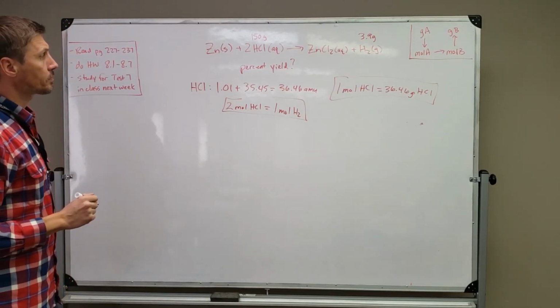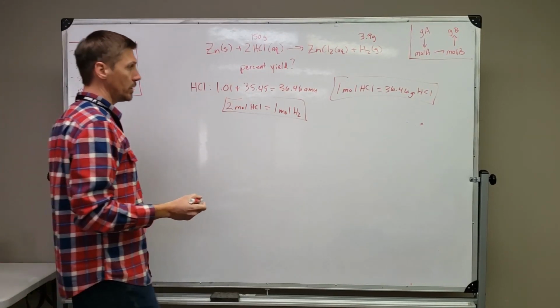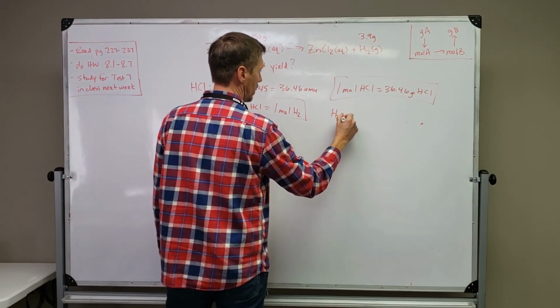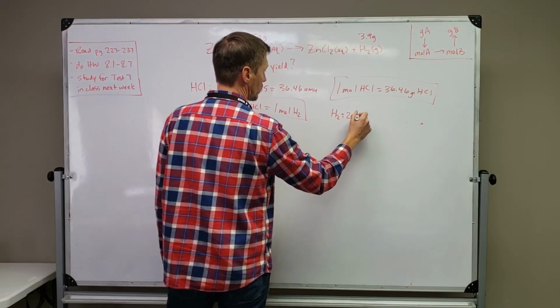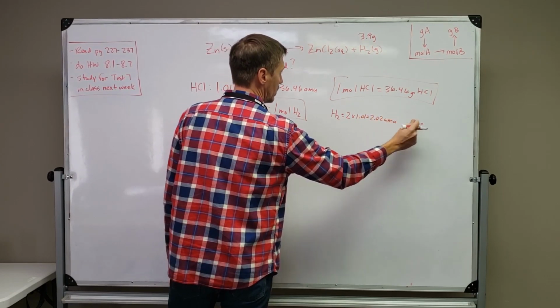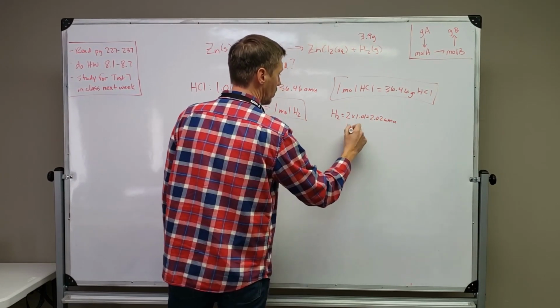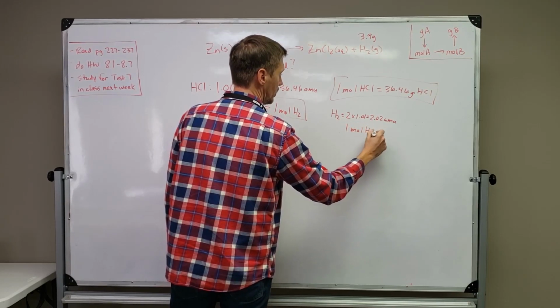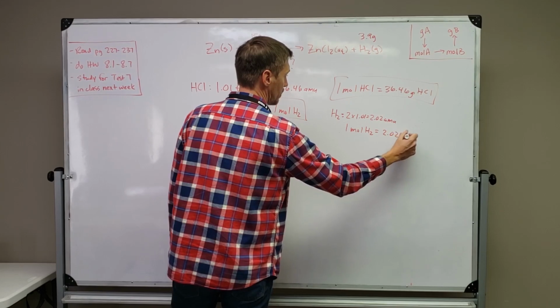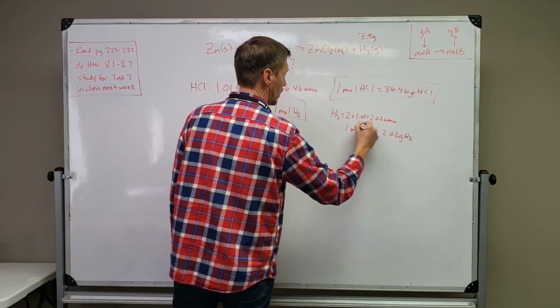What the atomic mass of H2 is. So H2 has an atomic mass of 2 times 1.01 or 2.02 AMU. So then we know that 1 mole of H2 is equal to 2.02 grams of H2. All right?